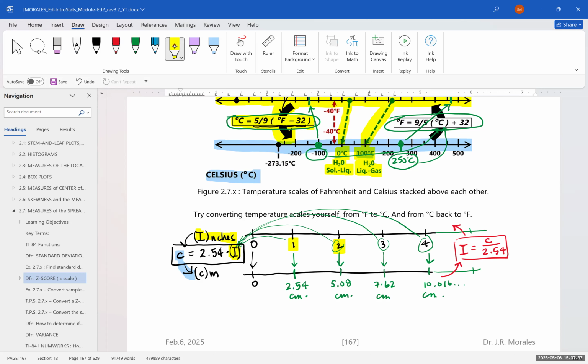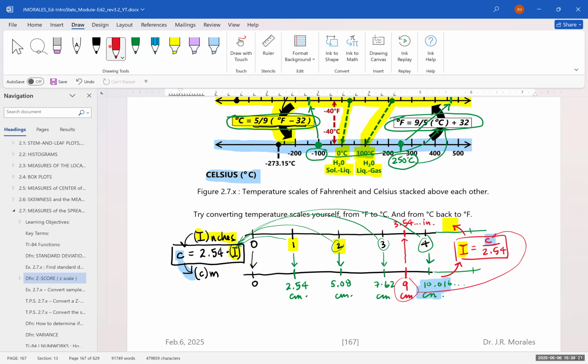Notice now that centimeters is our input and inches is our output. For example, if we wanted to convert 9 centimeters, we would plug in 9 for centimeters, take 9 divided by 2.54, and that would translate to 3.54 and some change inches.